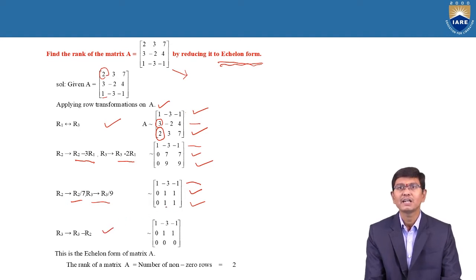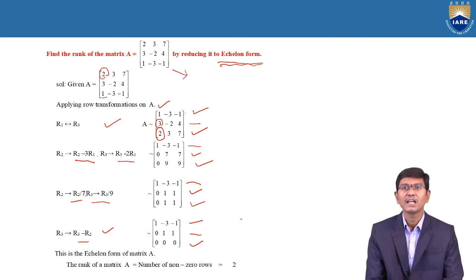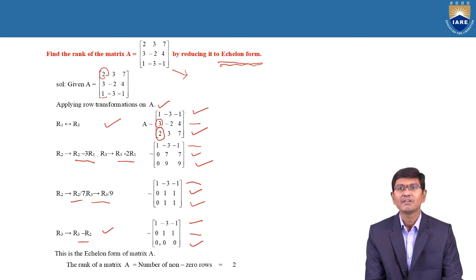We are not disturbing R1 and R2, only R3 equals R3 minus R2. By applying this, it becomes 0 0 0. Therefore, the last row is clearly changed to 0.